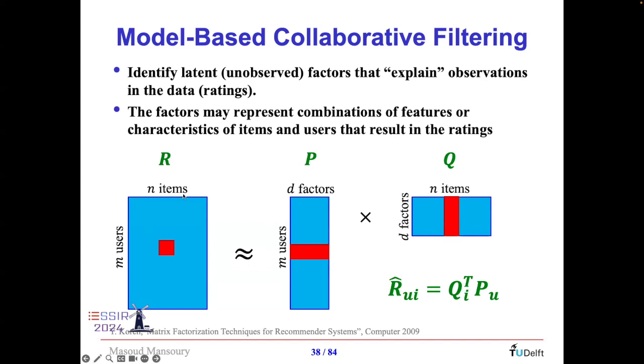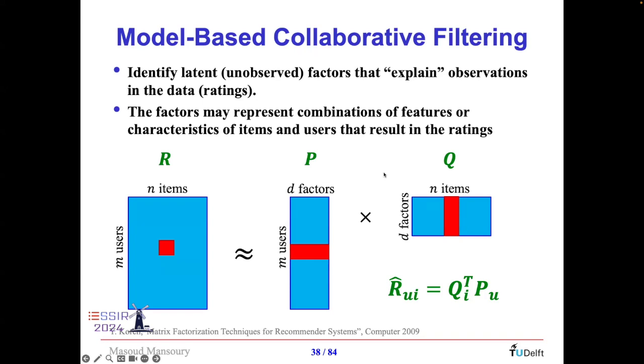This model learns two low-rank matrices, P and Q. P would indicate the representation or characteristics of the users with D factors. D is a hyperparameter we specify.